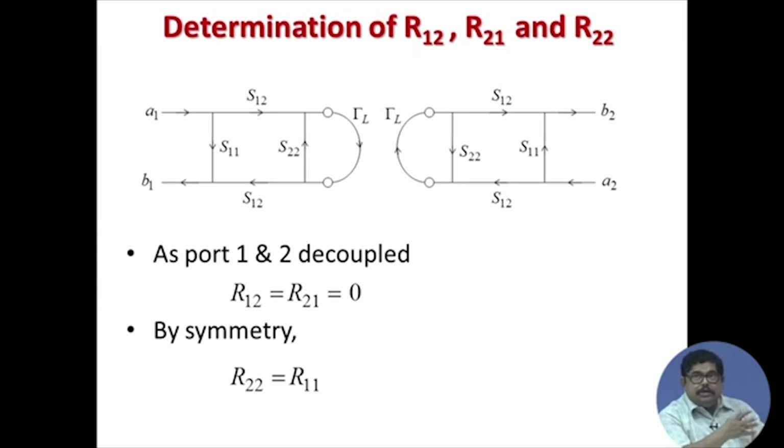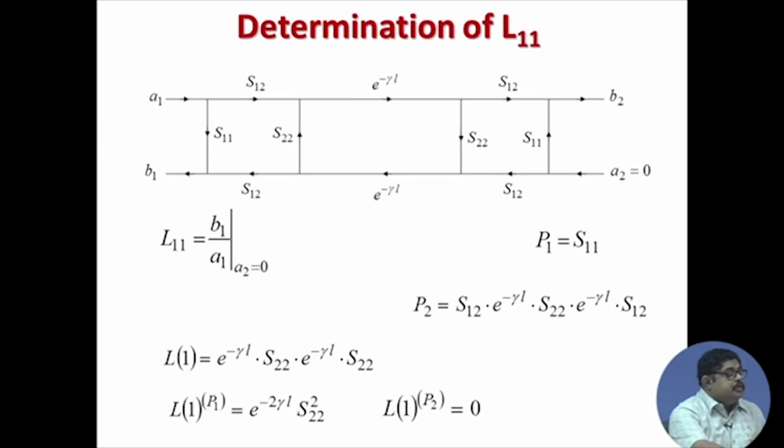This determines the complete R matrix, scattering matrix for the reflect connections, but that does not give us any extra equation. Then the last one, L11. Again, L11 means B1 by A1.